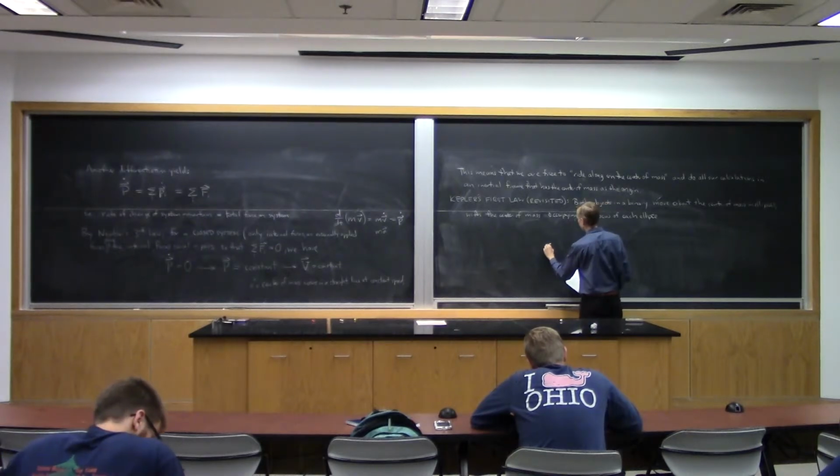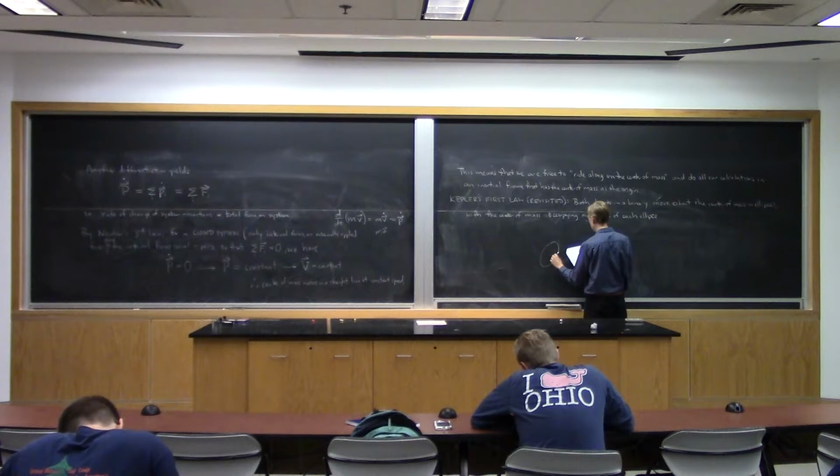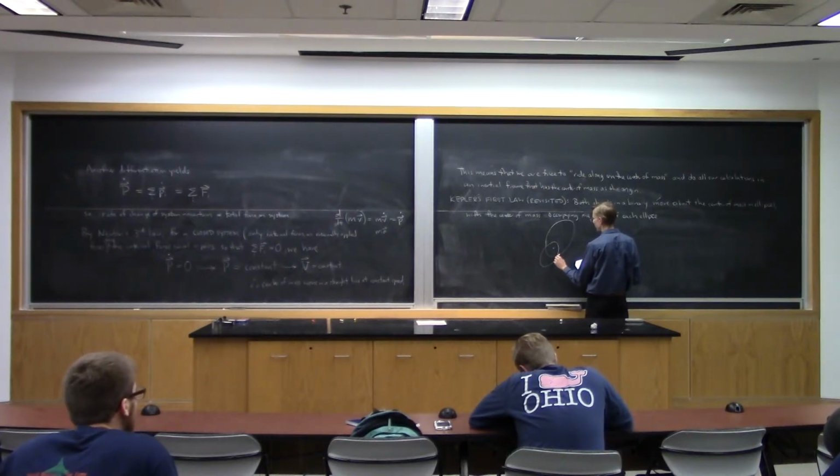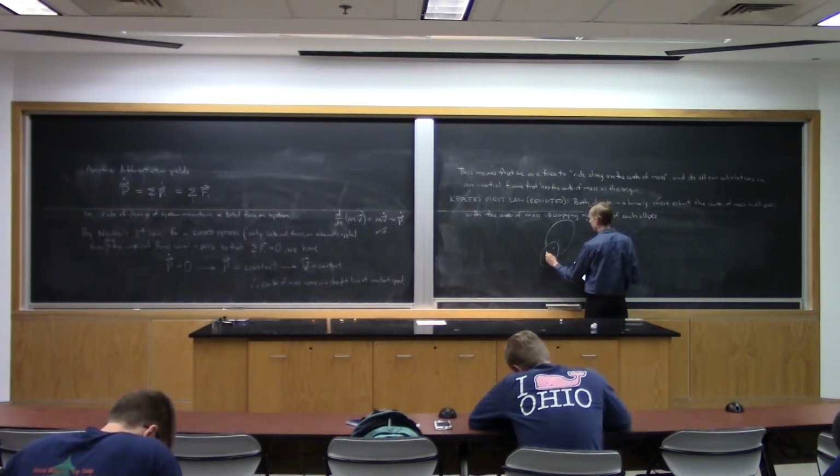So you get something like, here's one of the ellipses, and here's the other ellipse. Let's say there's the center of mass, and it's always true that the two bodies are on opposite sides of the center of mass.